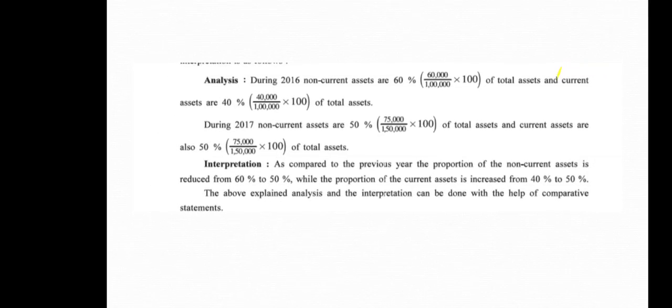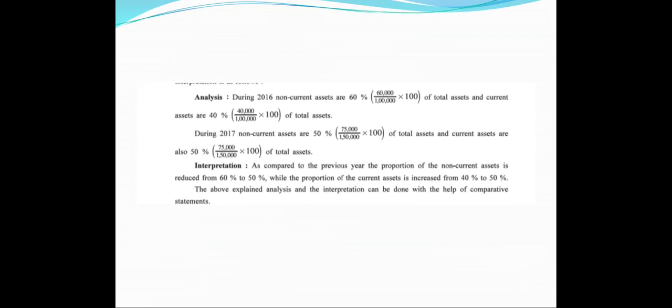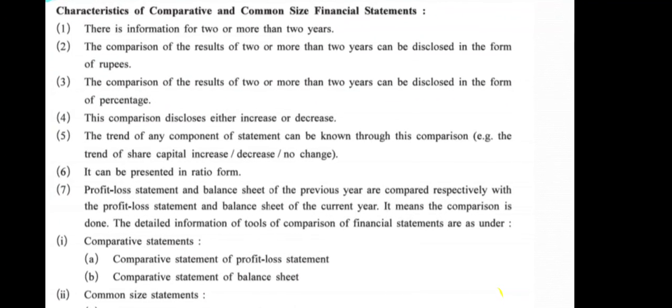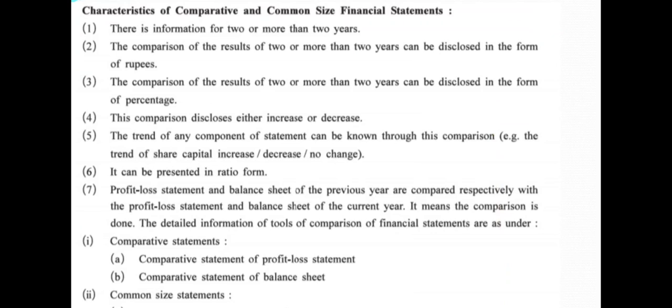Okay friends, now let us talk about the characteristics of comparative and common size financial statement. Friends, some common characteristics are there of both, that is comparative statement and common size statement. Let us go through all of them. First one, there is information for 2 or more than 2 years.